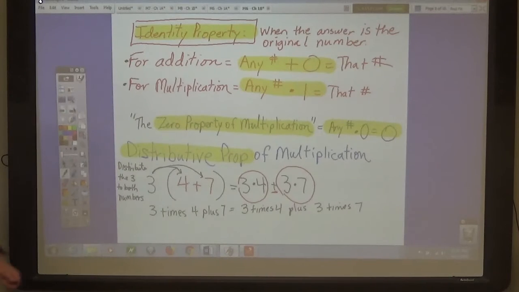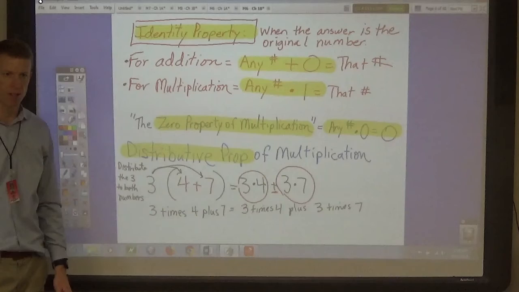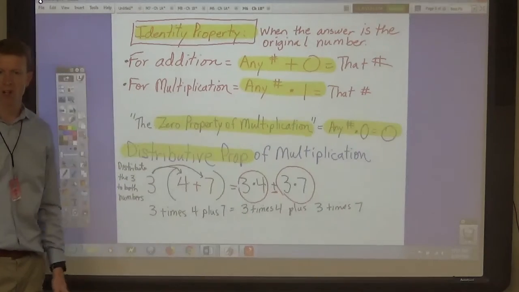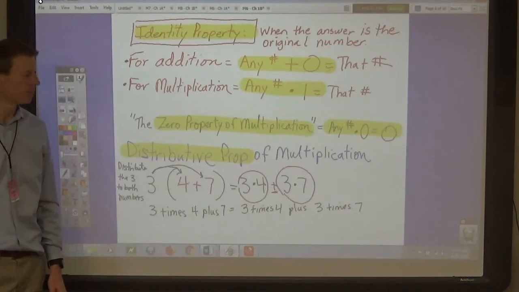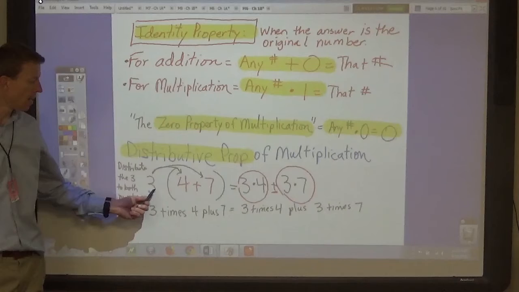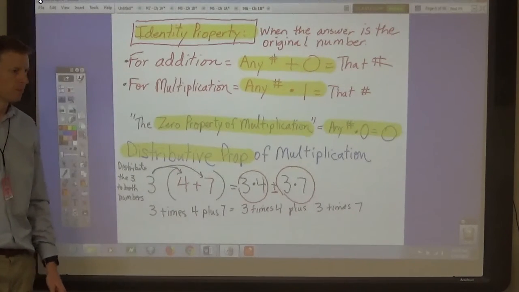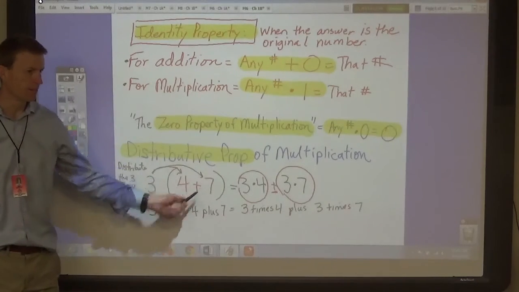The distributive property involves multiplication and addition. And you'll always see parentheses also with the distributive property. So 3 times the quantity 4 plus 7 is the same as 3 times 4 plus 3 times 7.